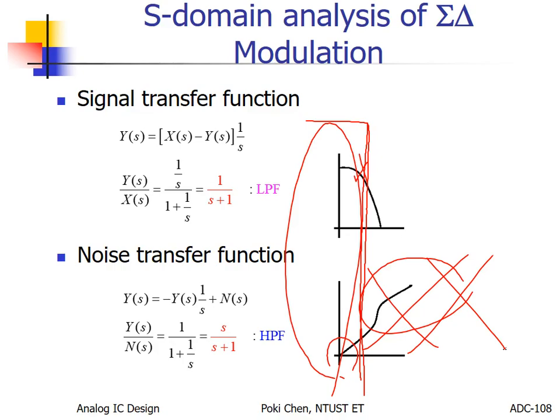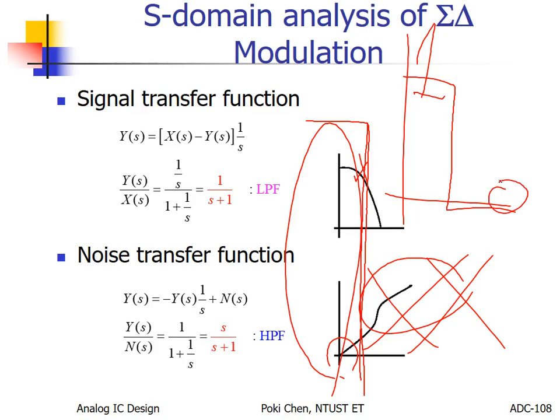So you can see, in brief, the signal transfer function looks like a low-pass filter. In theory, we hope we can get this: 1 in band, 0 out of band. How to achieve that? In theory, you need to increase the order.